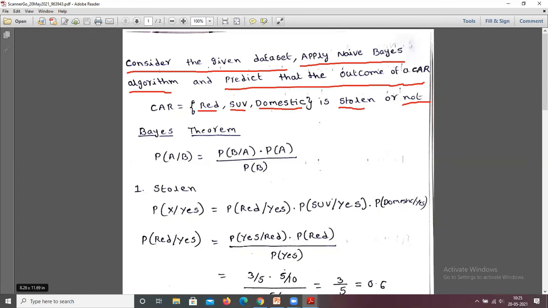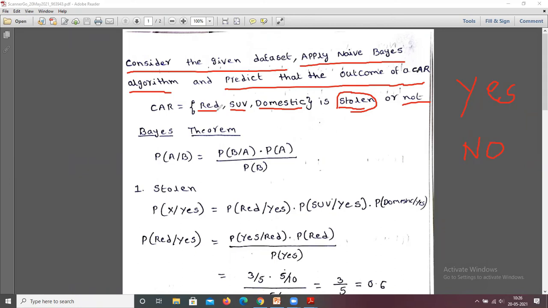The first one is stolen, that means yes. Another outcome is no. Apply the Naive Bayes algorithm and predict the outcome of a car, where the car equals red, SUV, and domestic. Now you are going to predict yes or no, whether it is stolen or not.